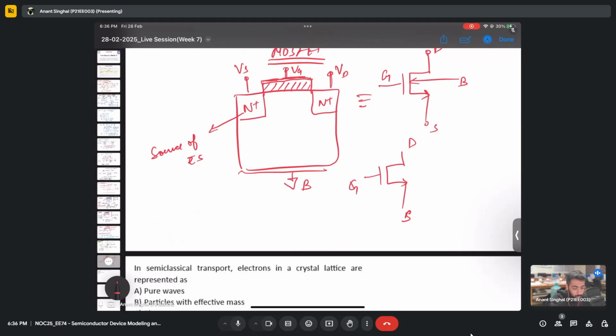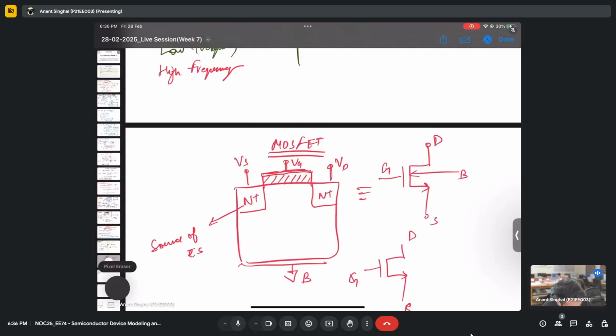We do have two different types of MOSFET, but what we in general read is the enhancement type of MOSFET, which is this. The second one is the depletion MOSFET, but we are not going into that because that is not part of the course. So in the enhancement MOSFET, once VG reaches greater than VT, we have conduction, and we have two different cases that we discussed in the last class.